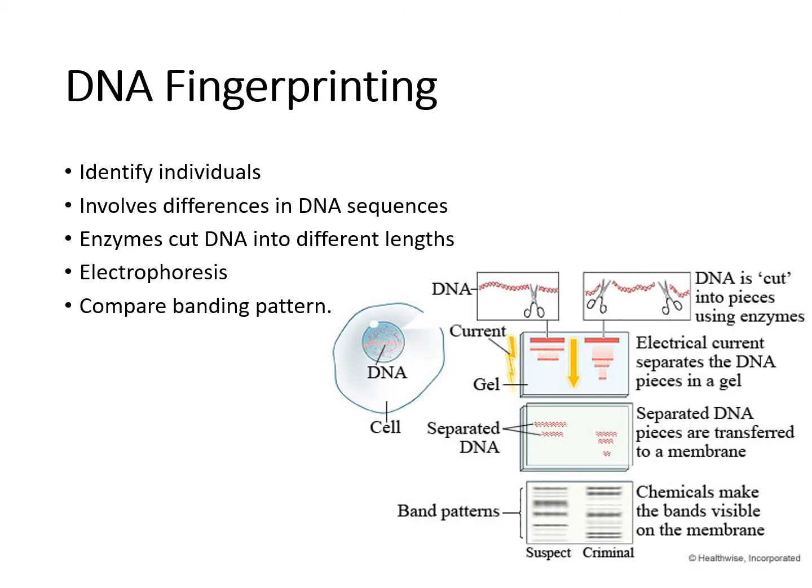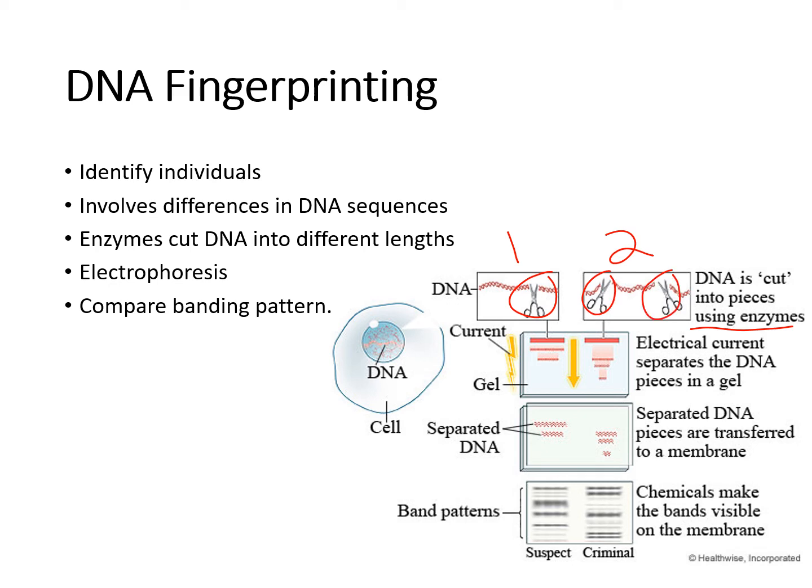So an example of this, you have 2 individuals. This is individual 1, individual 2. You use the enzymes to cut the DNA, and because the 2 individuals have different sequences, they get different areas that are cut. So individual number 1 has 1 cut at that location. Individual number 2 has 2 cuts at 2 different locations.